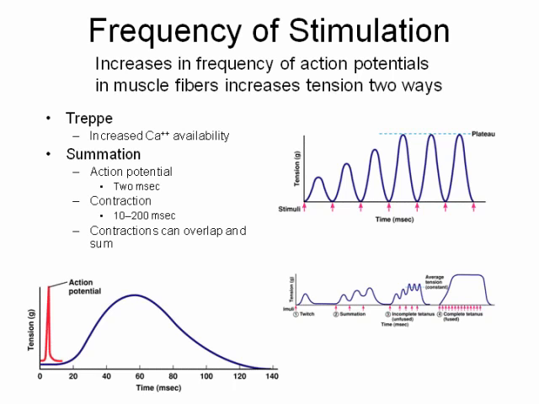So how does the frequency of stimulation affect it? Well, first of all, increases in frequency of the action potentials in the muscle fiber itself increases tension in two ways. And of course, a greater frequency of action potentials coming in from the motor neuron is going to produce this greater frequency of action potentials within the muscle fiber. The first of the two ways is what's called treppe. It's a French word. As you have greater frequency of action potentials, keep in mind that the relaxation phase of the muscle is a more prolonged event than is the contraction phase.